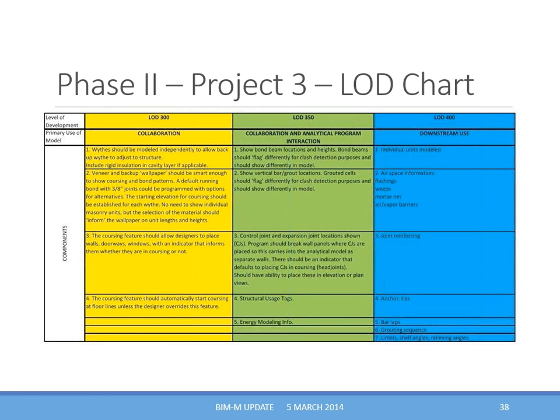And this is the LOD chart. So this is where the color coding comes in. We've got the yellow is LOD 300, green is 350, and blue is 400. And again, this is all tied back into the matrix and which variables should be input into a model at these various levels.